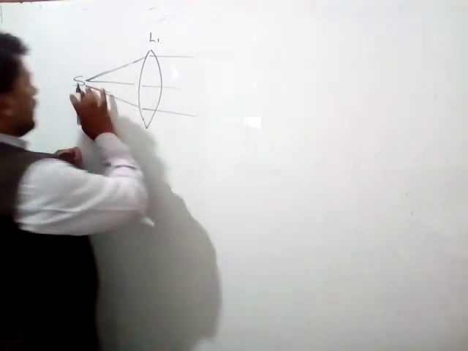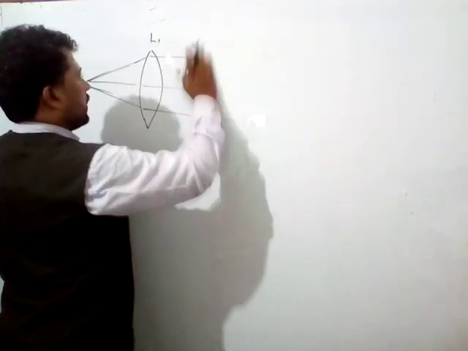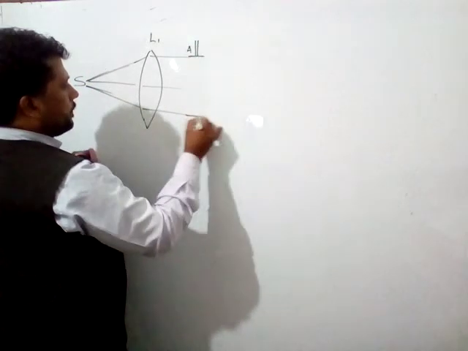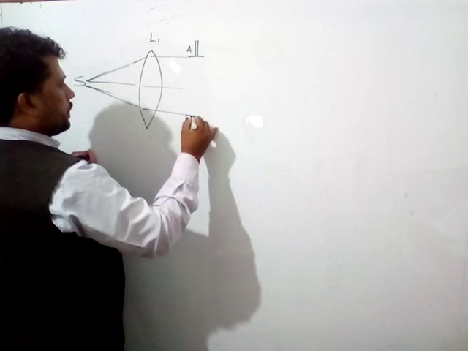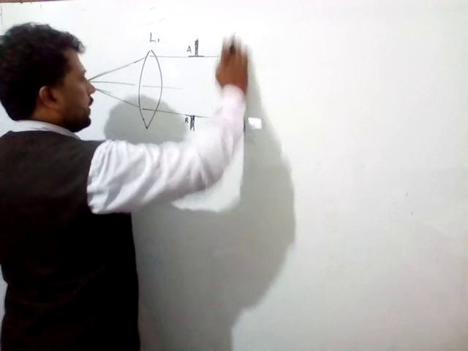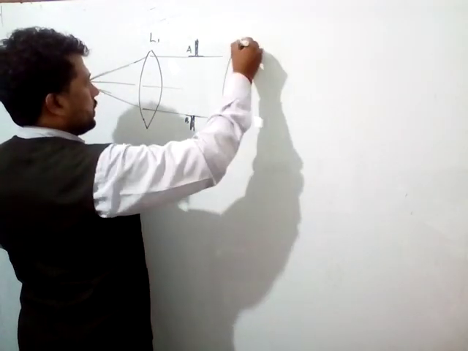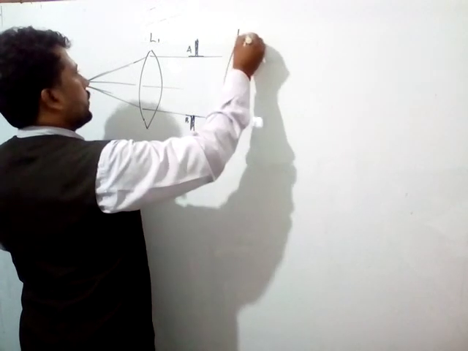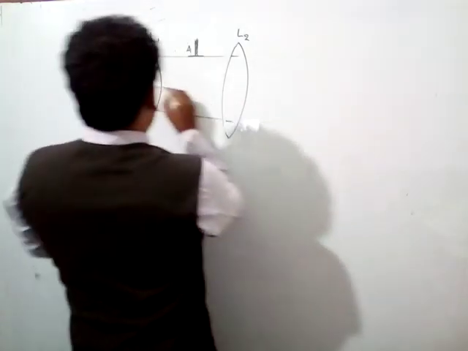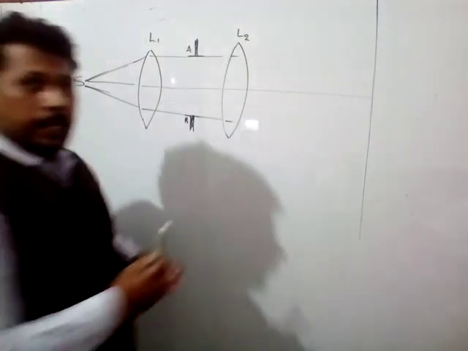Due to this, whenever these rays fall on this convex lens, they will become parallel, and this is the hole AB. After these waves are diffracted, here we use another convex lens, L2, and after that the waves get diffracted in this way.